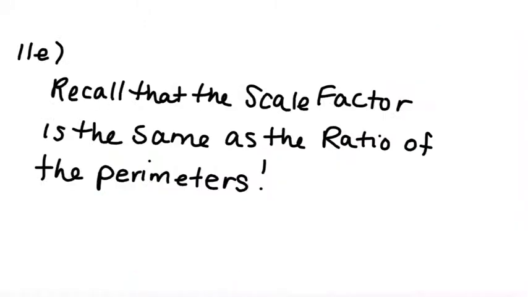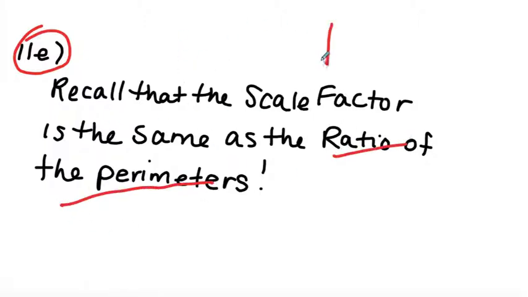Okay, I'd like you to look at question number 11. Most of you did okay. If you got 11B wrong, it's because you didn't recognize you had to follow the order the question was asking for scale factor. But the only consistent question that got wrong, I think 5 people got it wrong, was 11E, they didn't know how to get the ratio of the perimeters.